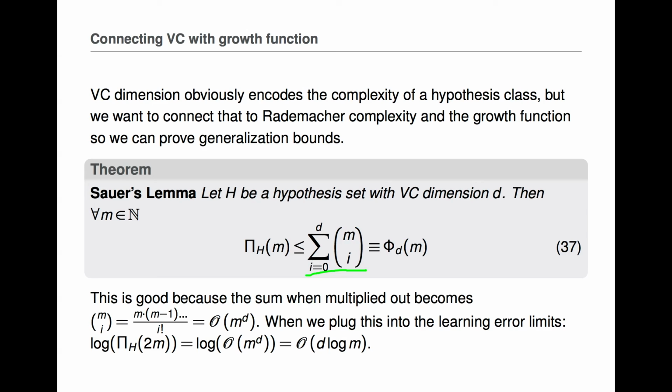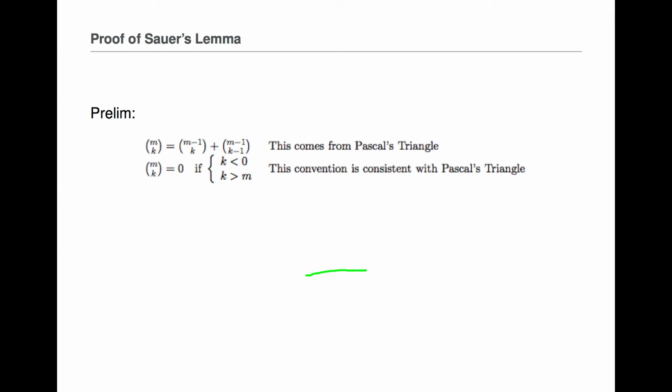And this is good because if you expand this combinatorial expression, you'll get some polynomial of the form m to the d. We'll then be able to use this expression in our generalization bounds. Okay, so we'll prove this, but first we need to go through some preliminaries.